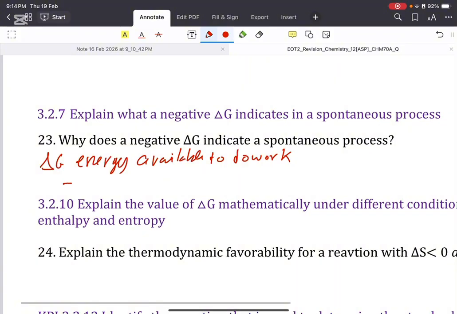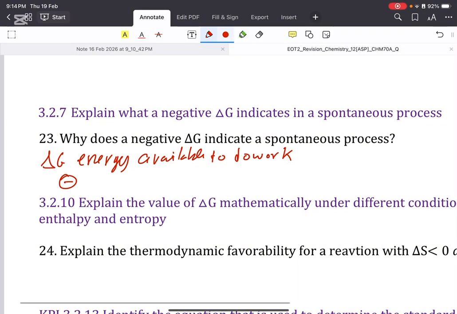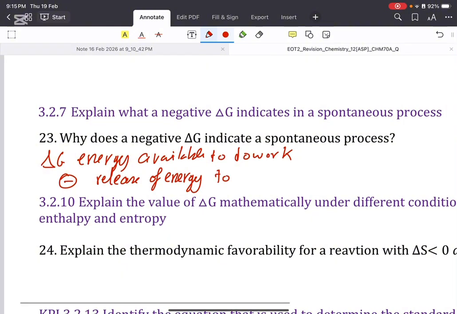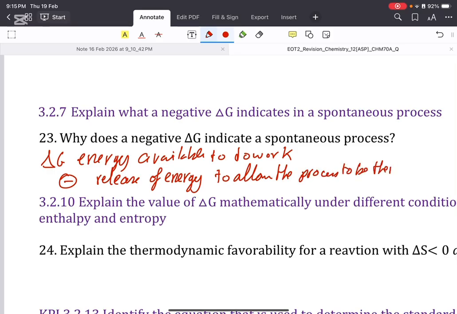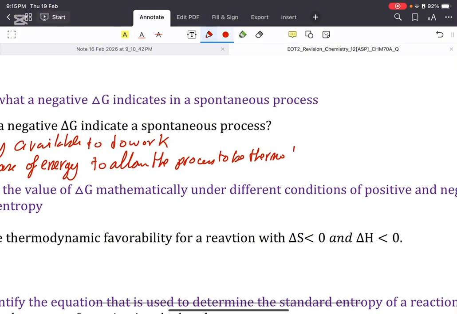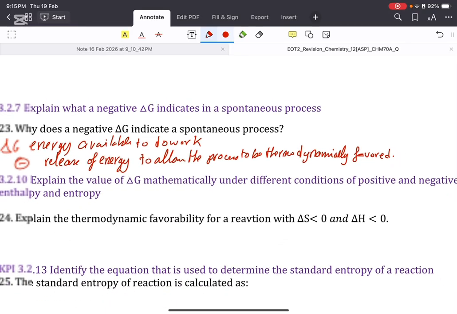So if delta G is negative, it means there is free energy, there is a release of energy, in order to allow the process to be thermodynamically favored.